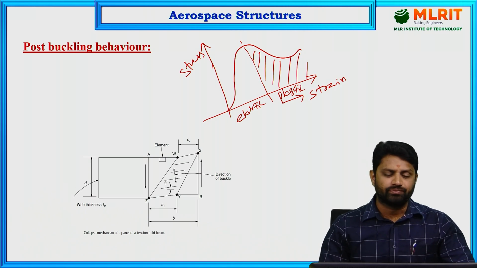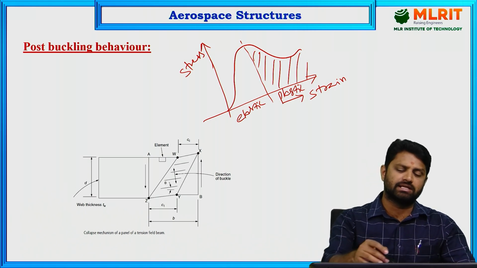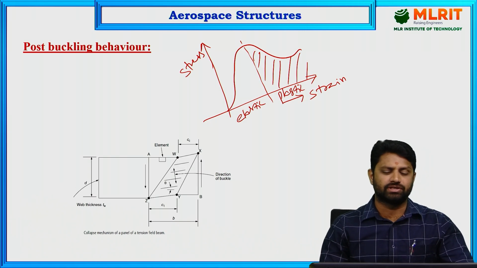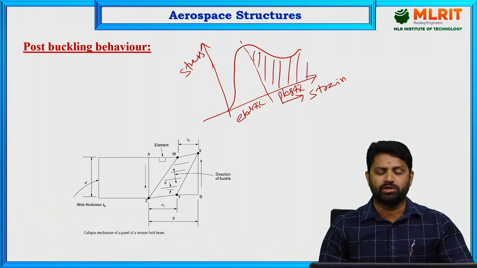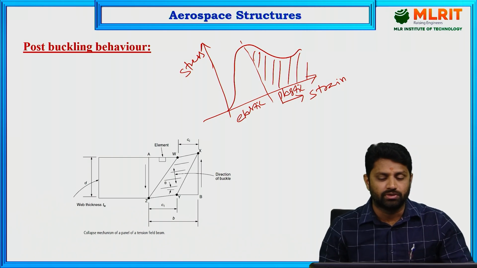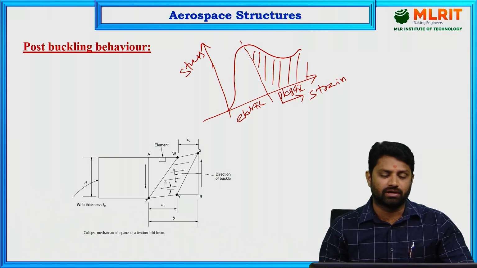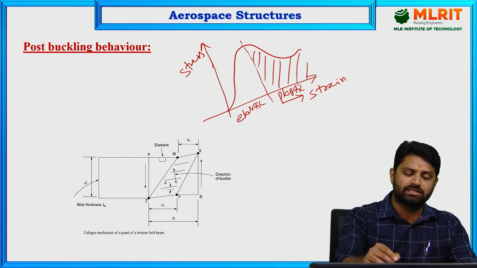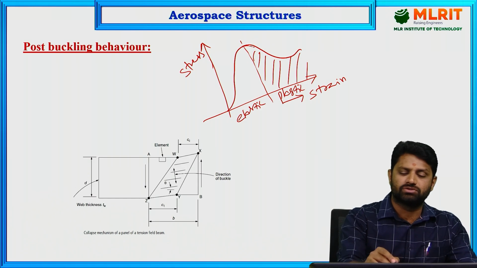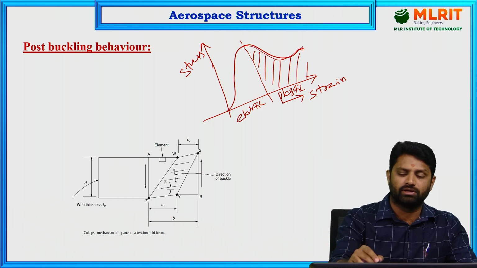So what happens here: in the elastic zone the stresses and strains are usually uniform and linear, and after the elastic zone the stresses and strains are not uniform and not linear as well. You can clearly observe that after this elastic zone the curve is going to decline like this, and then you get the failure point at this point.